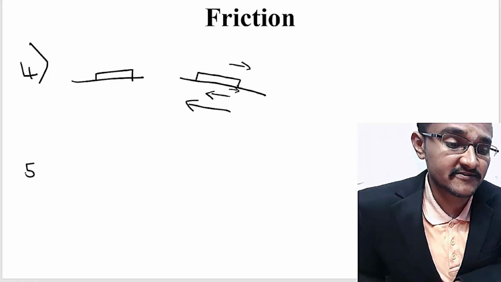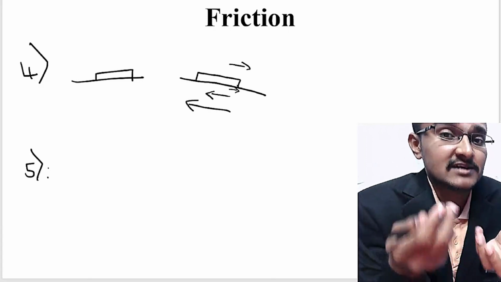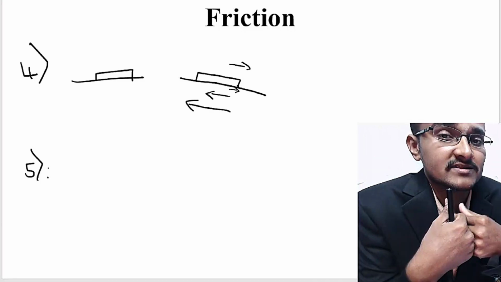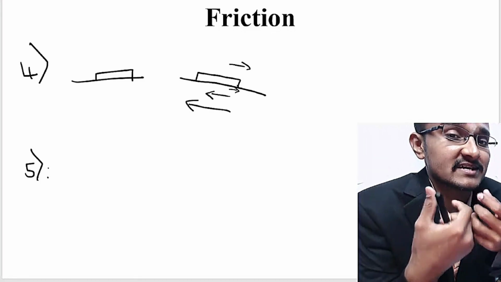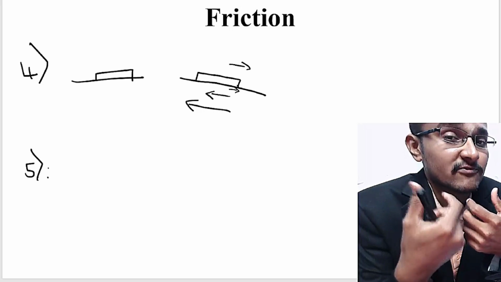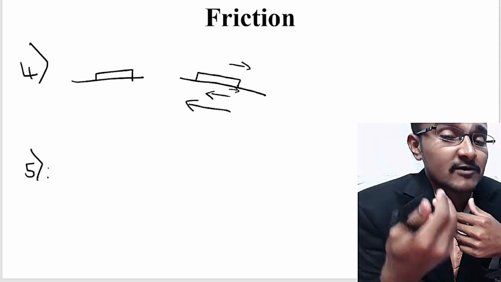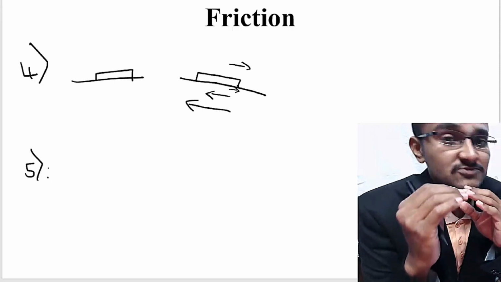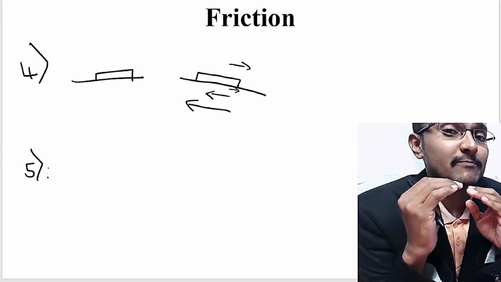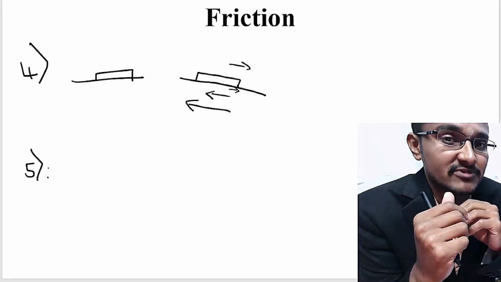So coming to the fifth question, they have asked, accidentally if you spill soapy water on the floor, then walking on that floor will be easier or difficult. Actually, walking on that floor which has soapy water spilled on it will be much more difficult. Why? Because the irregularities which were there on the floor were providing the necessary amount of frictional force for us to walk on that floor.